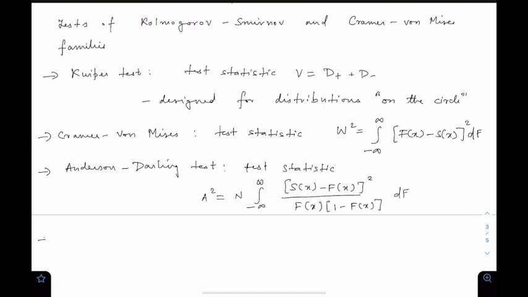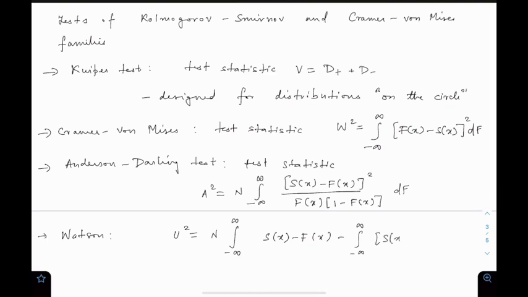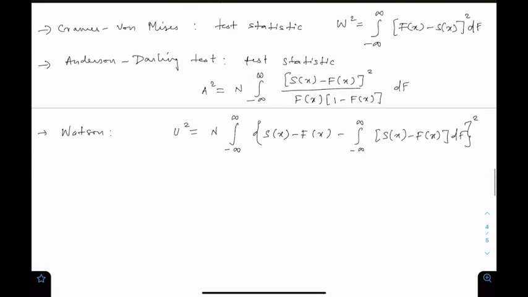We also have the test of Watson, where the test statistic is given by U squared, n times the integral over the difference of S(x) minus F(x) minus the result of that integration, and we take the square of the whole thing.